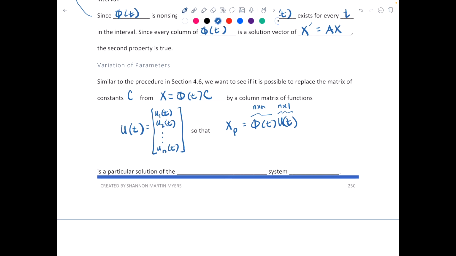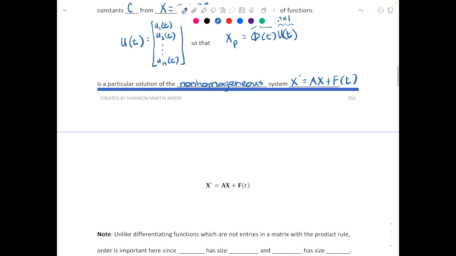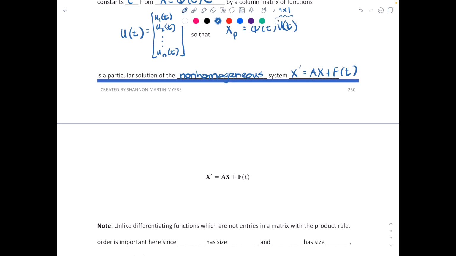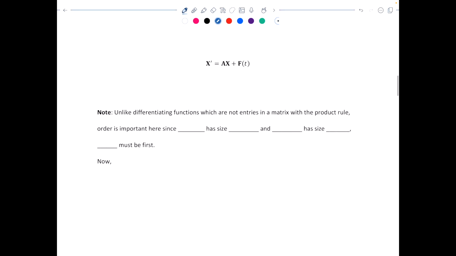So this xp is a particular solution of the non-homogeneous system x prime is equal to A times x plus f at t. Again, all of these are matrices. All right, so let's do it. We have x prime is equal to A times x plus f at t.